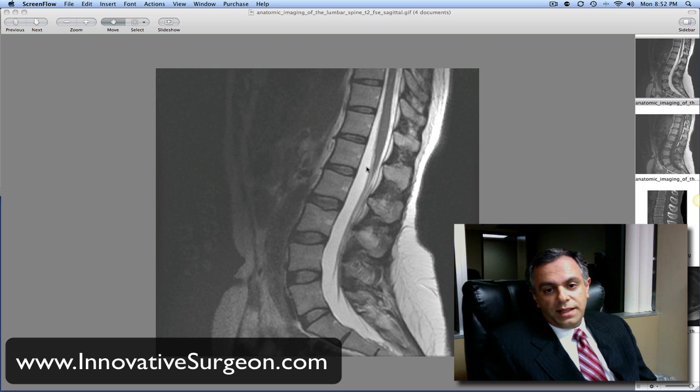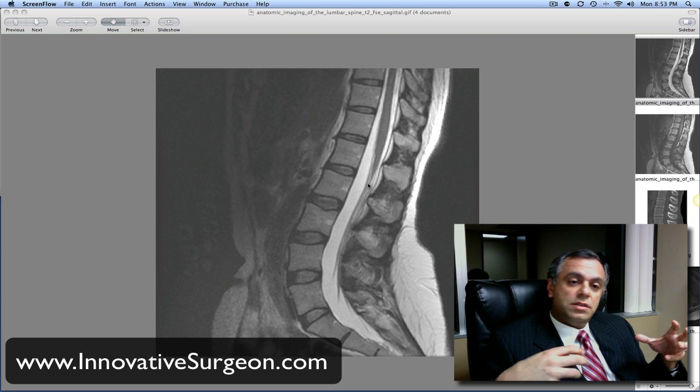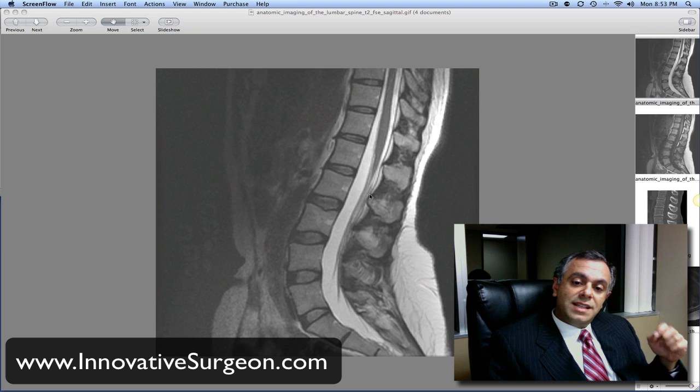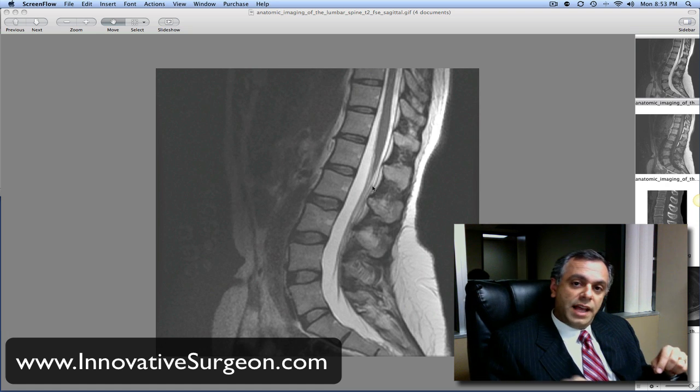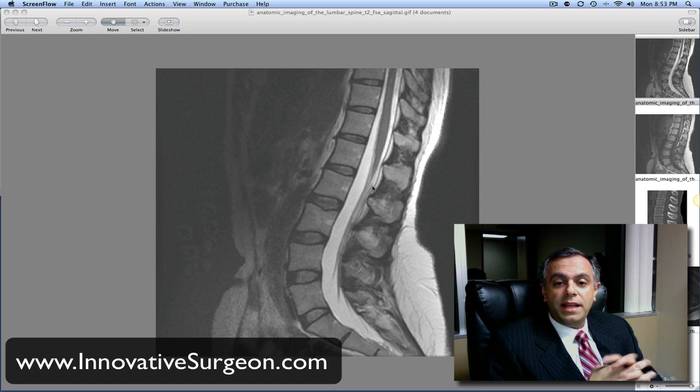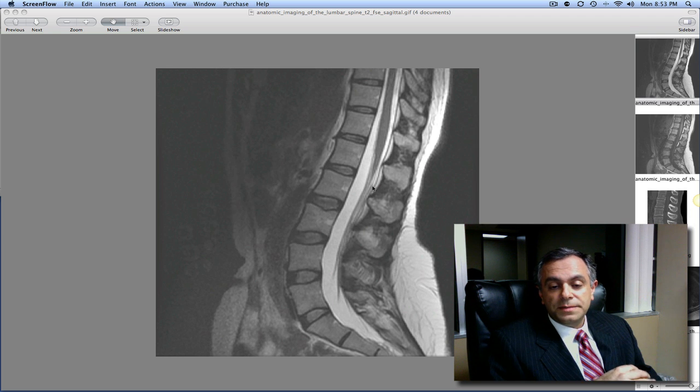We'll talk about it later. But if the disc comes back here, or something happens, there's something that pushes on the nerves, or there's some damage, now it's the individual nerves that go to the leg that will be hurt, will be damaged. And the pain shoots down the leg, which is called basically the sciatic pain that you hear so much about.